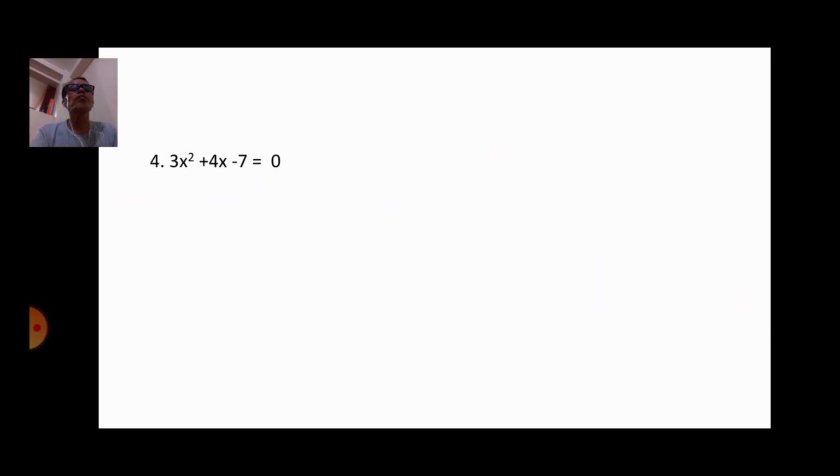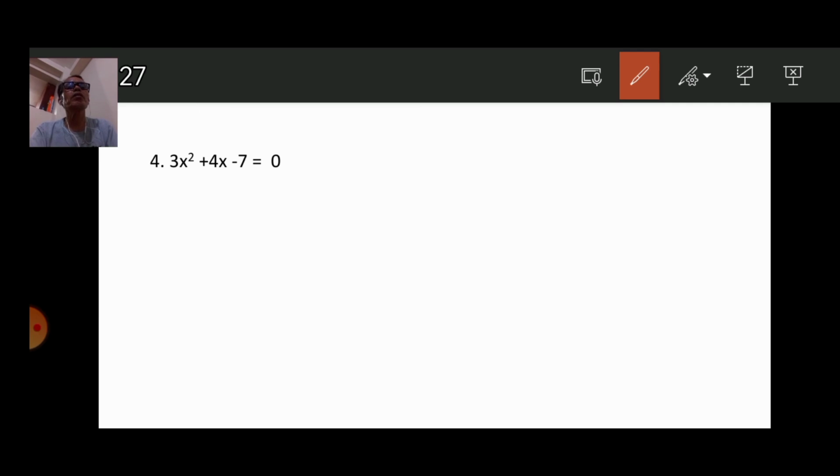Another example. So we have 3x squared plus 4x minus 7 equals 0. So as you can see, the given quadratic equation is a general quadratic equation.